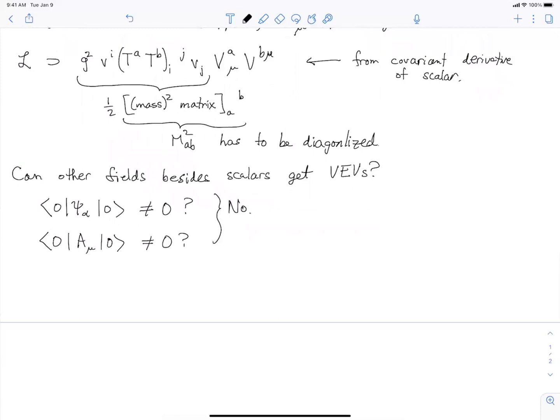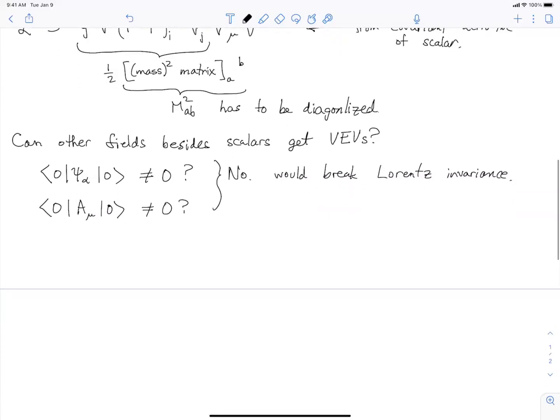Both of these would break Lorentz invariance. So maybe more precisely, you could say that could happen perhaps, but then we should be finding in experiments violations of Lorentz invariance for which there's no evidence at all. However, this can happen.